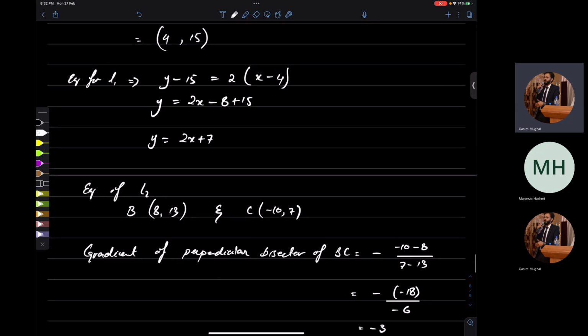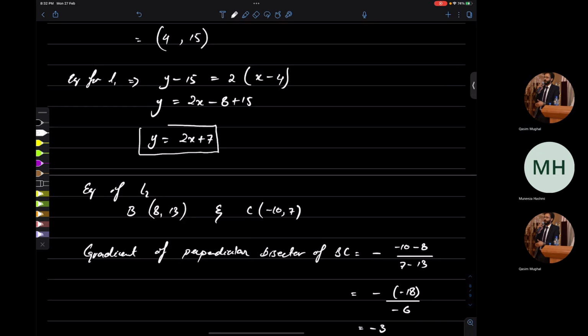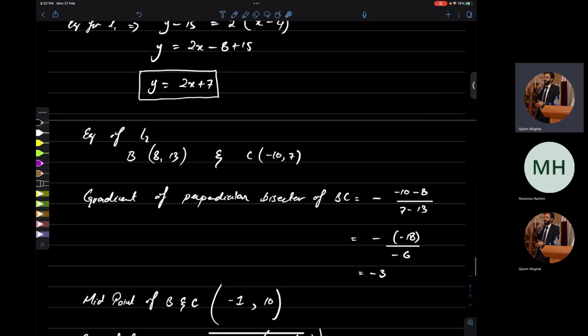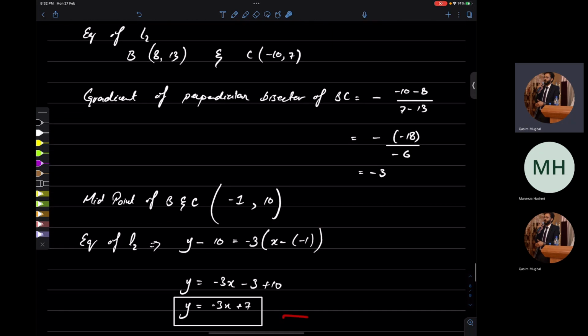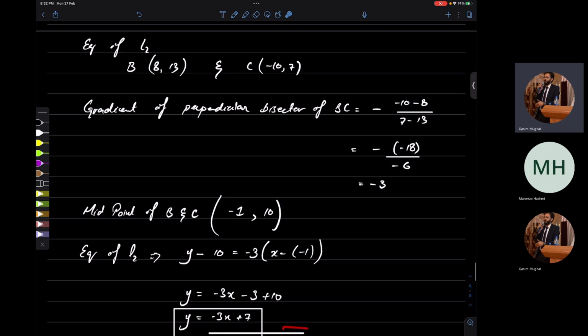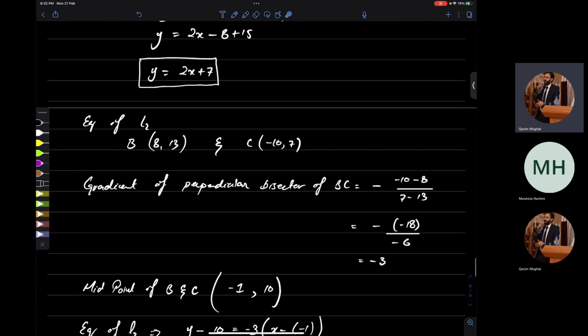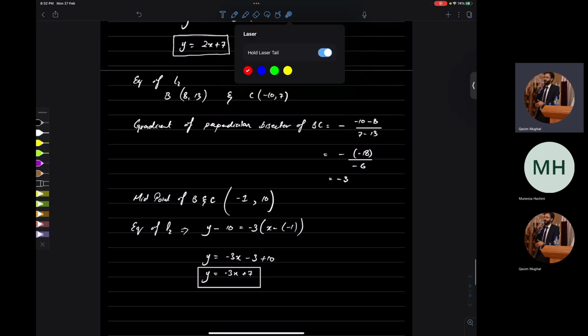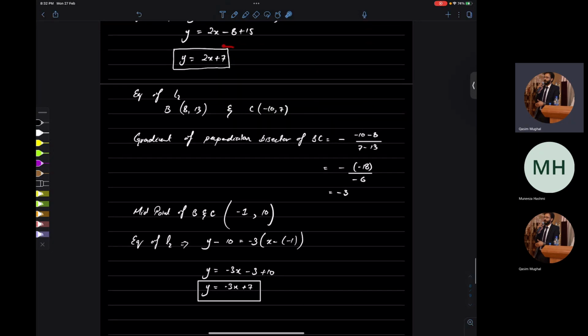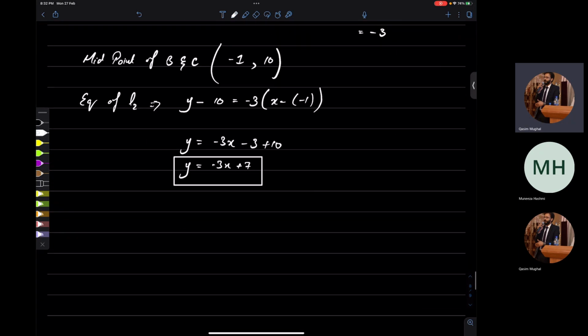So I've got the two equations here, this one and this one. I know both of these two lines are passing through the center. So if both of these are passing through the center, it means they are intersecting at the center of the circle. So if I want to know the coordinates of the intersection point, in other words, the coordinates of the center, I would have to solve both of these simultaneously. Okay?